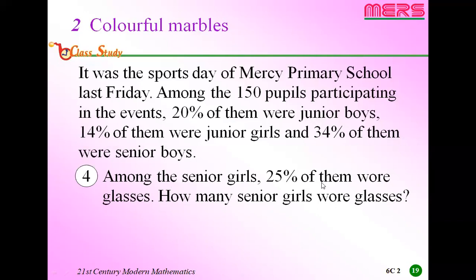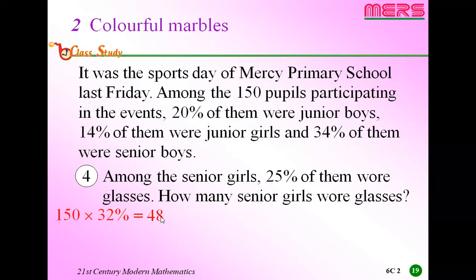Okay? It's not the number of total pupils. So you have to be careful with this one. So now the total number will become the total number of senior girls, which we need to find first. We use 150 times the percentage that we find in question 3, which is 32%, to find the number of senior girls, which is 48.